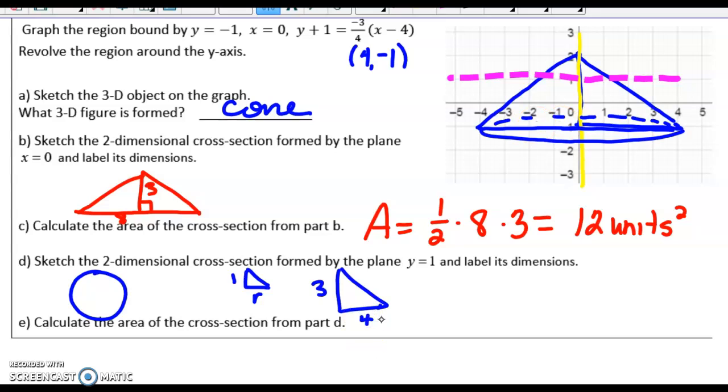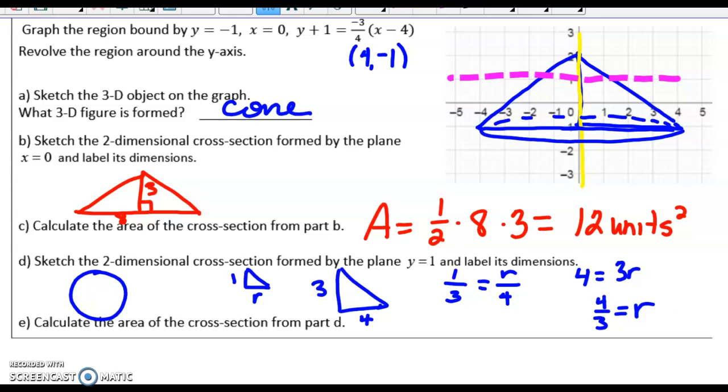Because the triangles are similar, we can write a proportion. We can say vertical is to vertical as horizontal is to horizontal. And then you get 4 is equal to 3r. So the radius is 4/3.